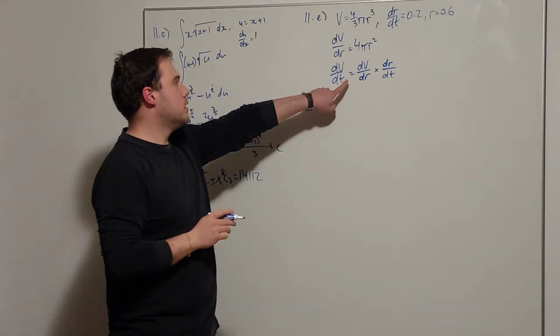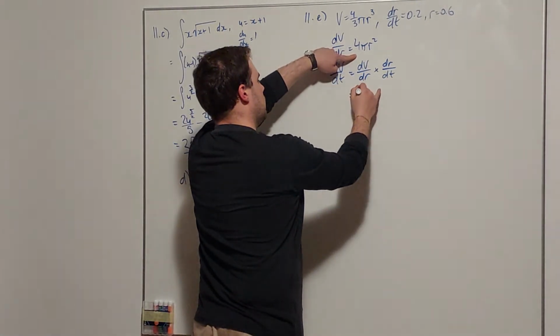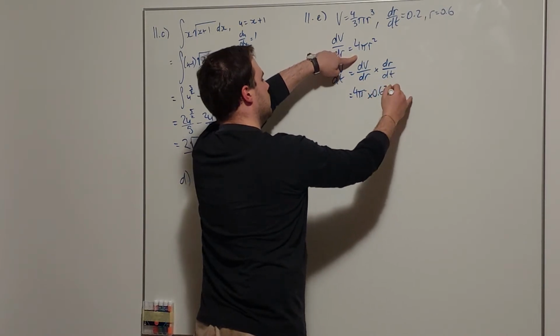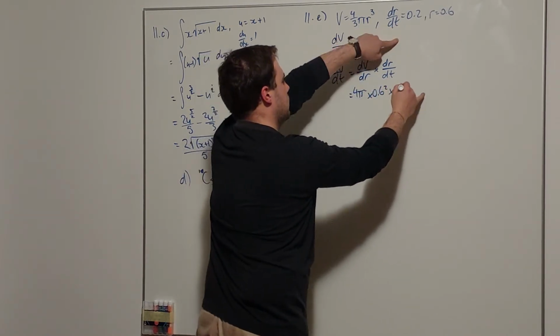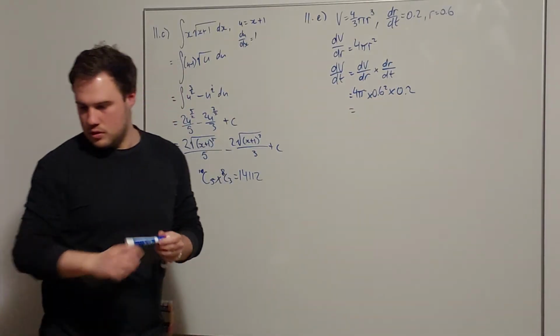And so dV dr will be this expression when r equals 0.6, times 0.6 squared, times dr dt we're given in the problem is 0.2.